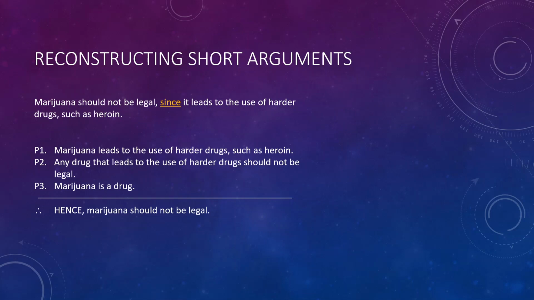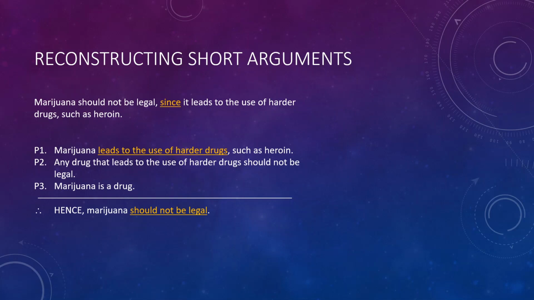Once again, let's take a look at why something like premise 2 is going to help us. Look at the stated premise, premise 1. It mentions that marijuana leads to the use of harder drugs, and the conclusion is that marijuana should not be legal. Notice that that is exactly what the two characteristics that premise 2 links. Any drug that leads to the use of harder drugs, which is mentioned in the first premise, should not be legal, which is mentioned in the conclusion, right?